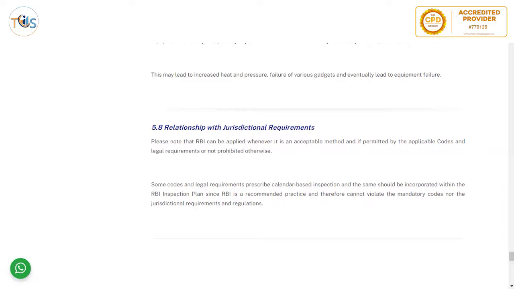For example, most of the countries require that cars should be tested for emission and brakes and lights, for safety reasons, every year. Now, you cannot say that I've done an RBI assessment, the car is new and it's not needed. So you cannot contravene the law of the land.